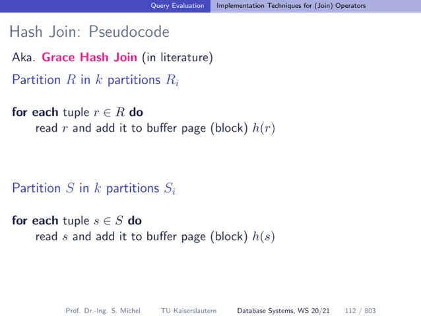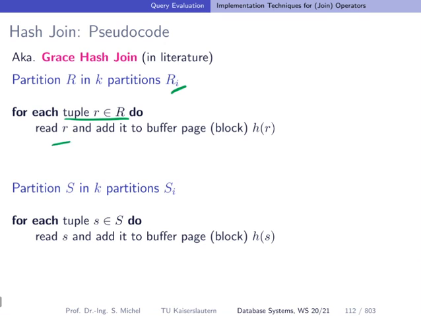Here you see the pseudocode of the so-called Grace hash join, as it's called in the literature. So what we do here, exactly as we described earlier, is partition table R in k partitions. We call these partitions Ri. And we do this the following way. We walk through the entire relation.